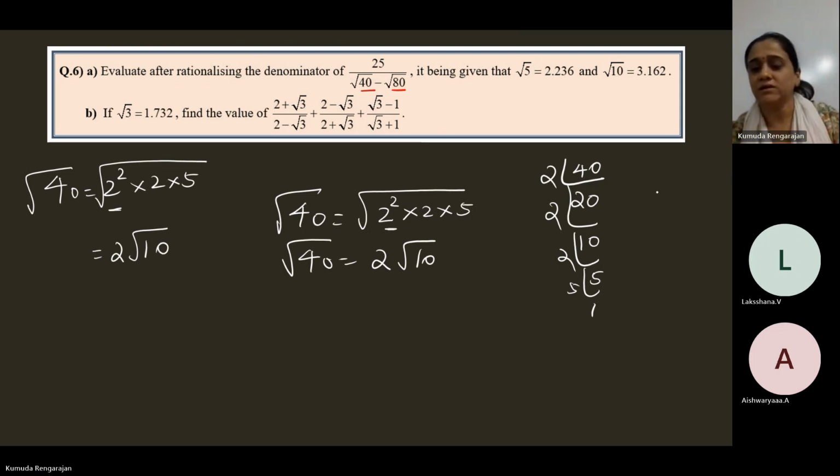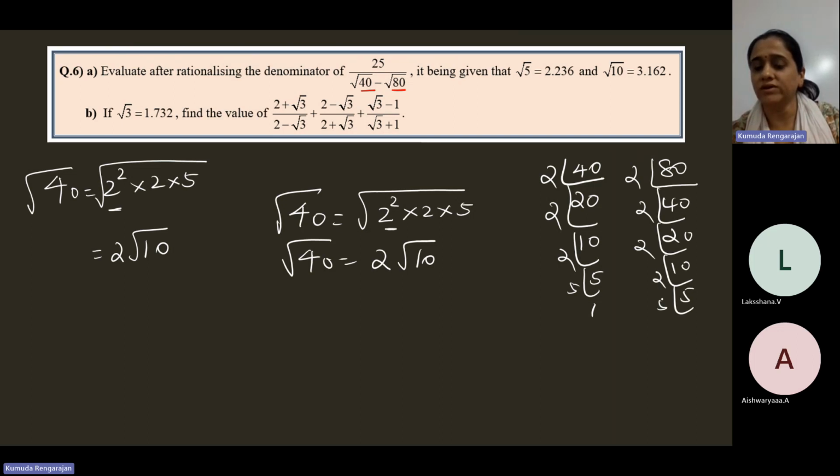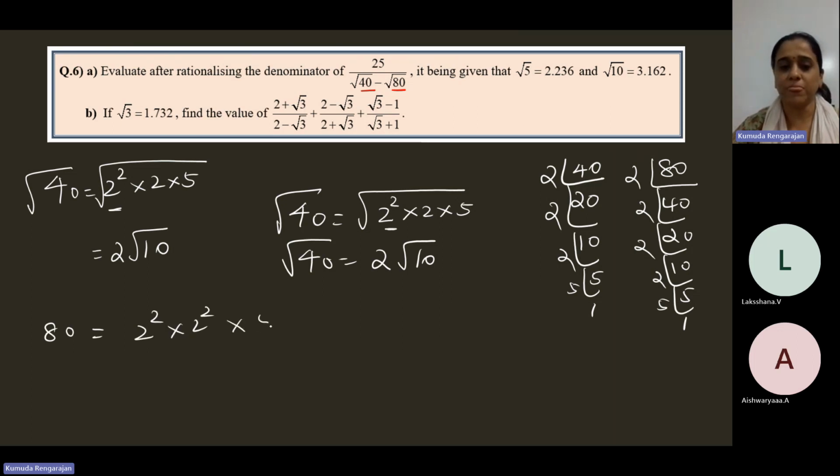Similarly, 80. 2 forties are 80, 2 twenties are 40, 2 tens are 20, 2 fives are 10, 5 ones are 5. So what is 80 equal to? 80 is 2 square into 2 square into 5. You can also write 2 into 2 into 2 into 2 into 5.